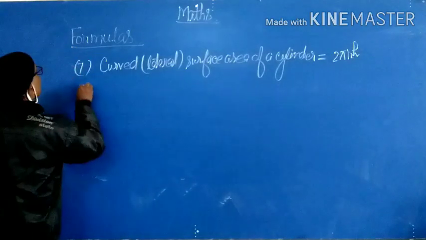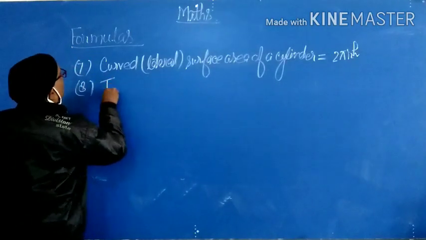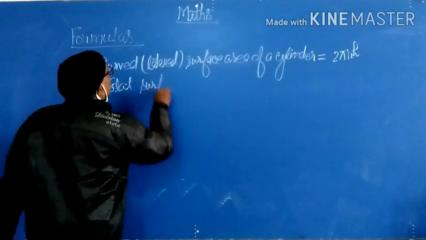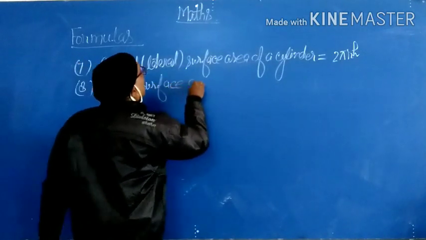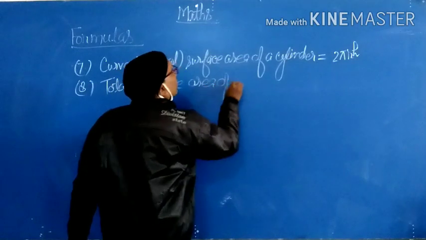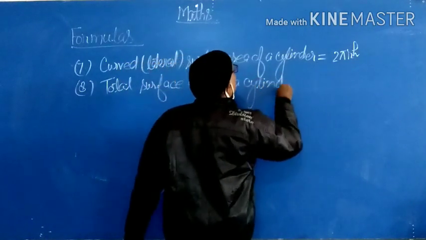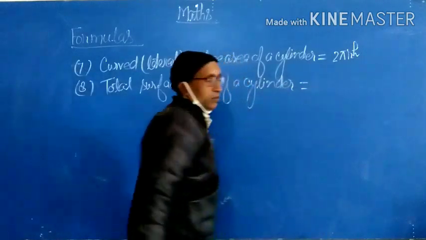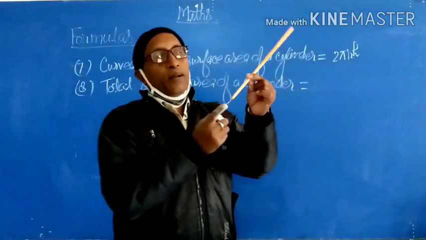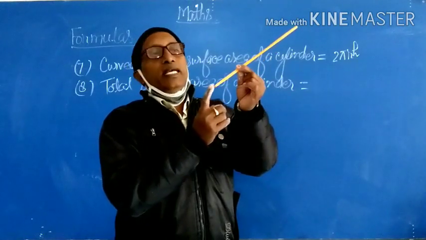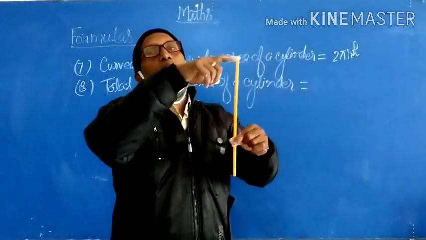Then the total surface area of a cylinder is equal to curved surface area plus 2 base areas, meaning base area plus top area.